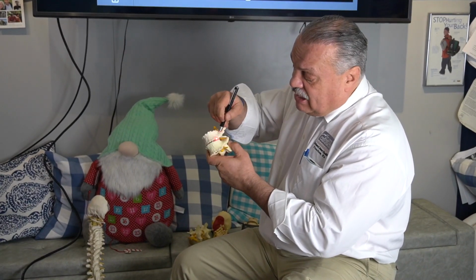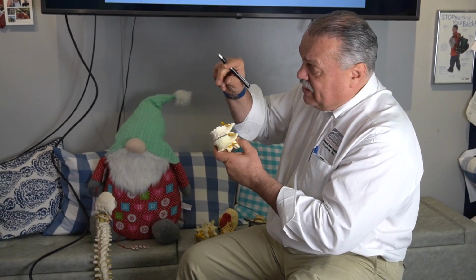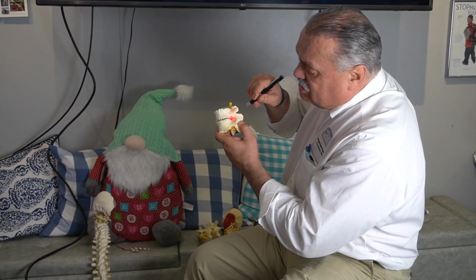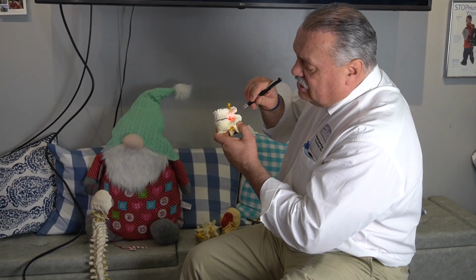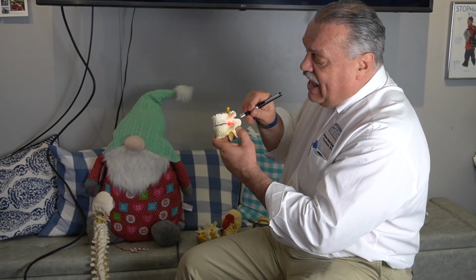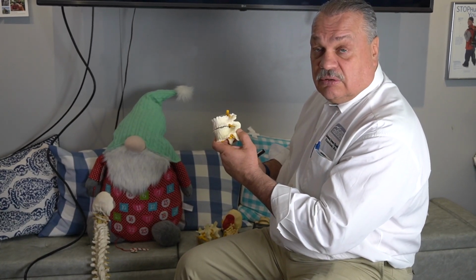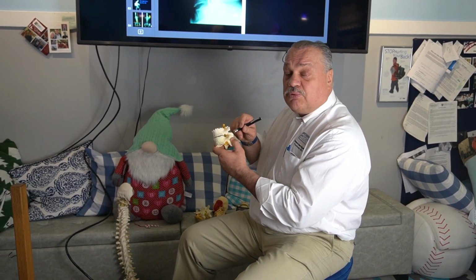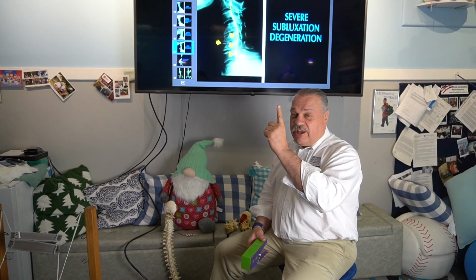So we back it up, and because of that disc space decreasing, and because of this mechanical dysfunction, see how this nerve is impinged? That's spinal stenosis. It's actually blocking of that nerve root. Because of that, you're going to get pressure. I've got my finger here, and what runs through our finger?